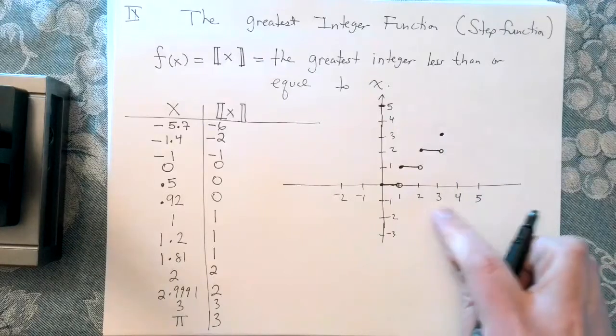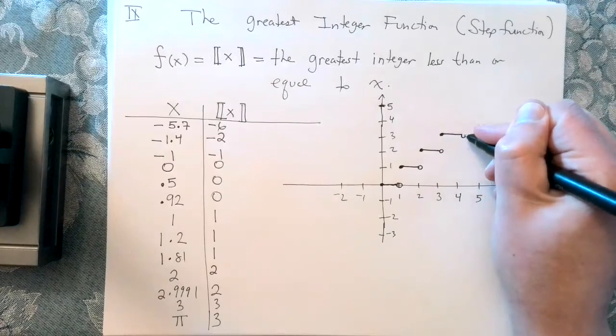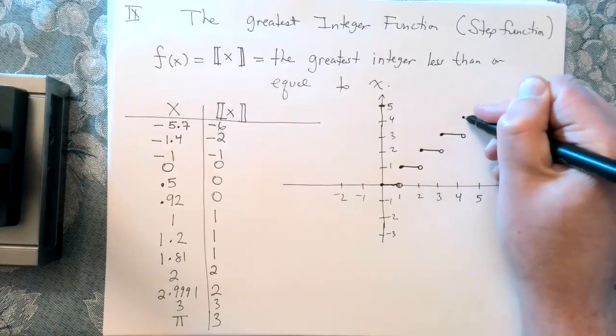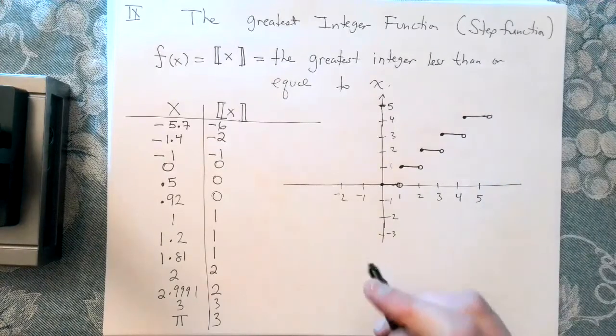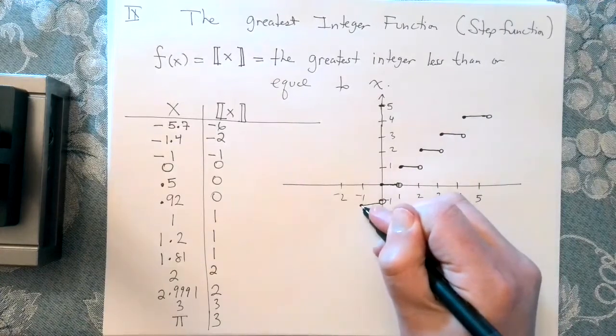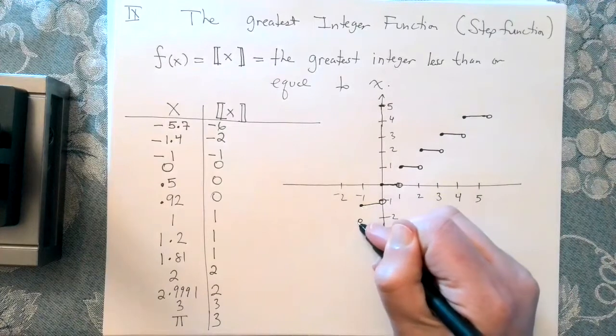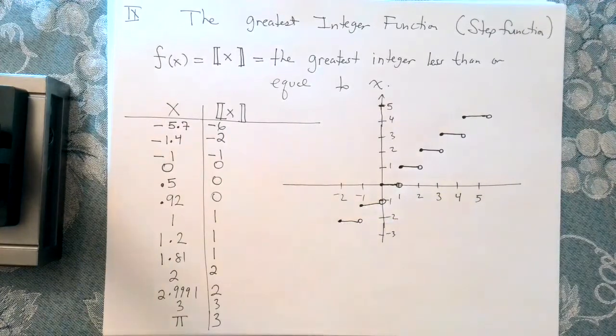For any decimal between 3 and 4, this will round down to 3. And I think you get the idea. And this keeps going step by step by step. Etc. So that is the step function.